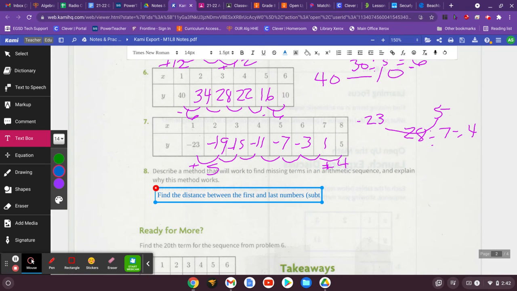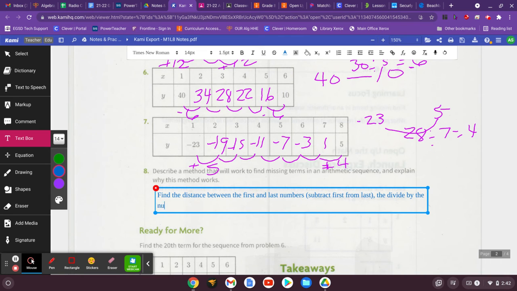Subtract first from last. Then divide by the number of, still do our jumps, between the two numbers.